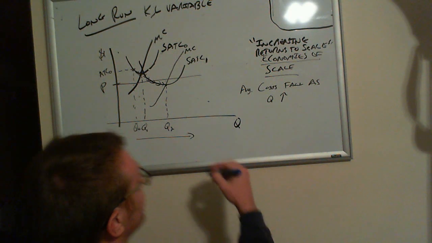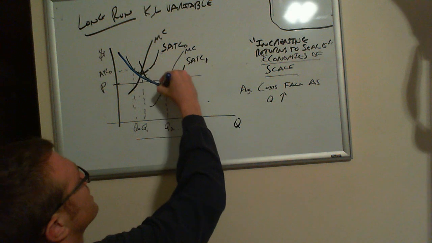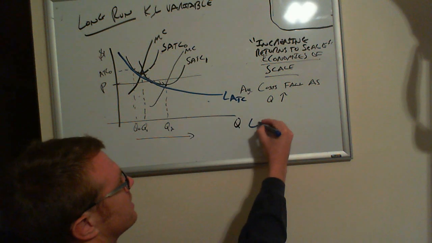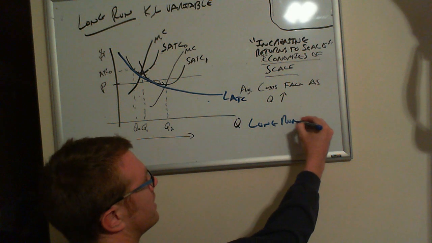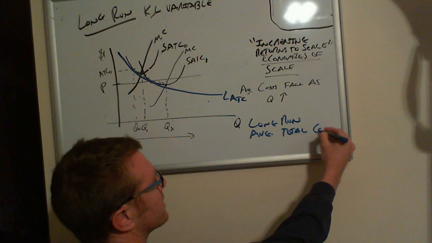If we draw a line that just touches all these short-run average total cost curves, this is called the long-run average total cost.